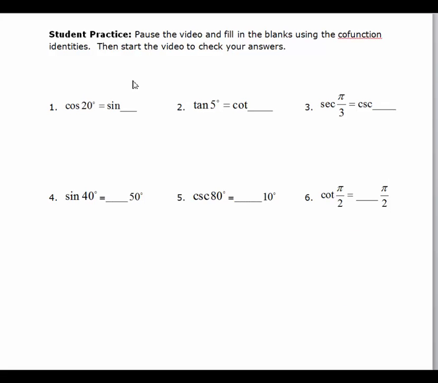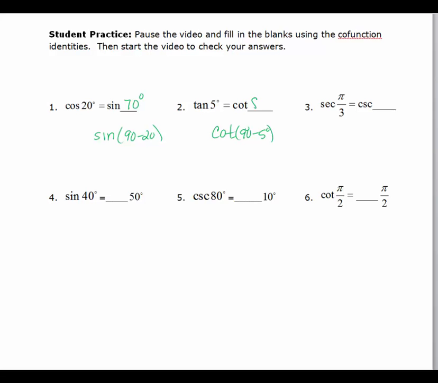All right, let's look at number 1. We know the cosine of 20 is going to equal the sine of 90 minus 20 degrees. So that would be the sine of 70 degrees, as long as these add up to 90. The tan of 5 is going to equal the cotan of 90 minus 5 degrees.